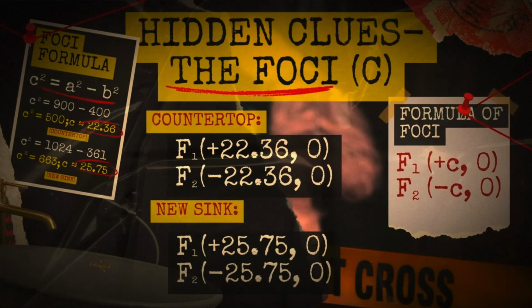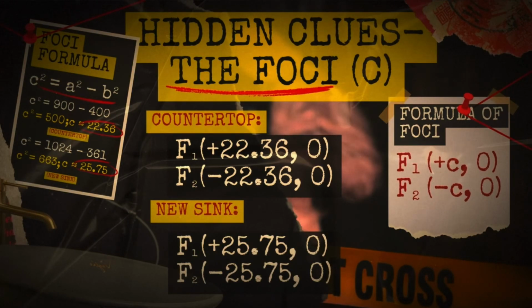So our F1 will be positive 22.36 and 0, and our F2 will be negative 22.36 and 0. For our exhibit B, we will do the same. We first get the value of a squared minus b squared. So our a squared in our exhibit B is 1024.